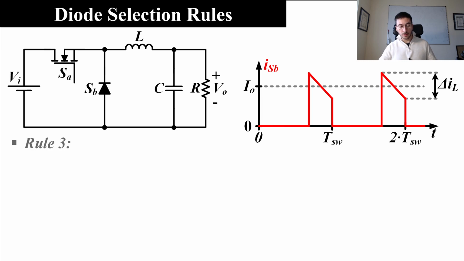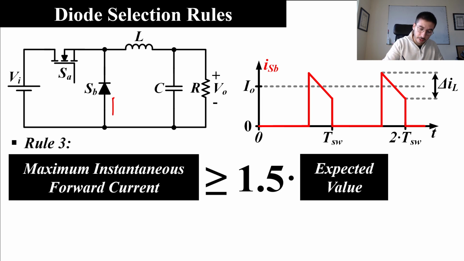Third rule is also about the current through the diode, but in this case we talk about instantaneous value. Again, we use the same current waveform.